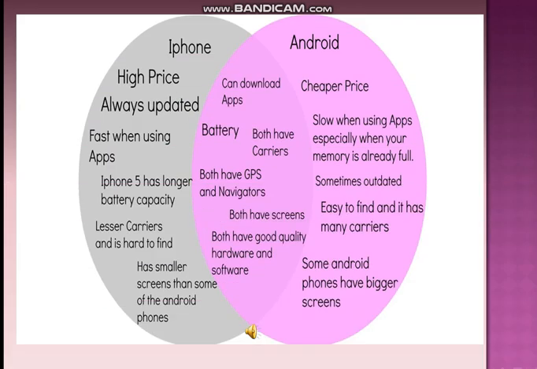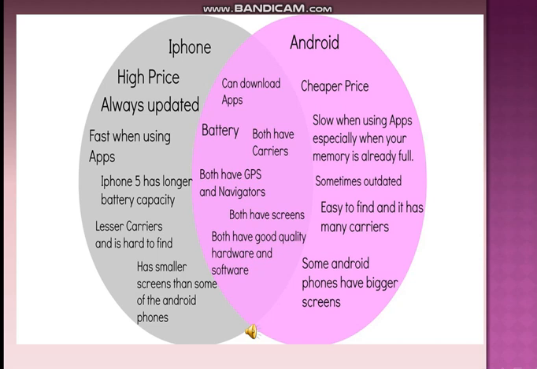Here we have an example of the difference between iPhone and Android. For example, if we talk about the comparison points, or the similar points, between iPhone and Android, in the middle of these two circles, for example, both of them can download apps.